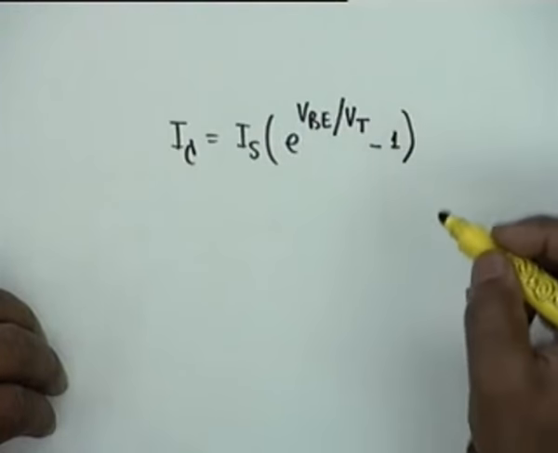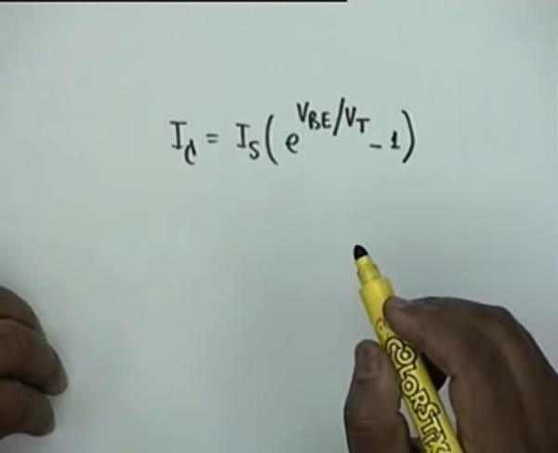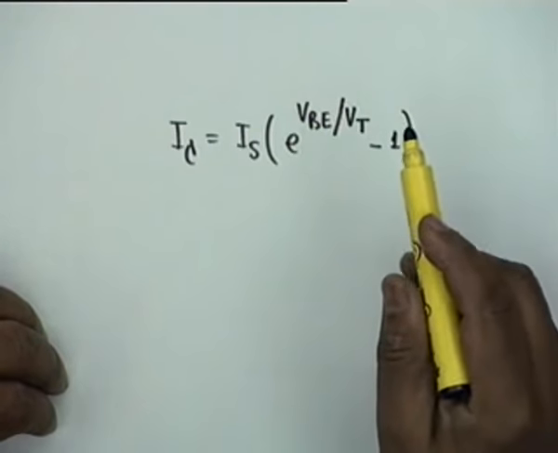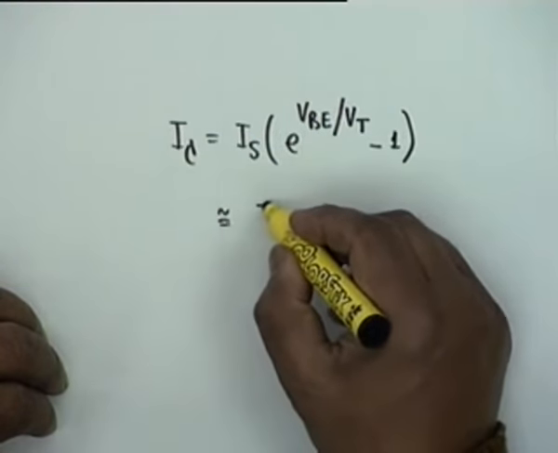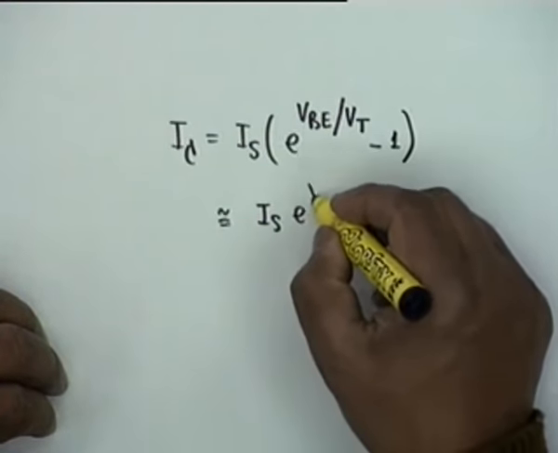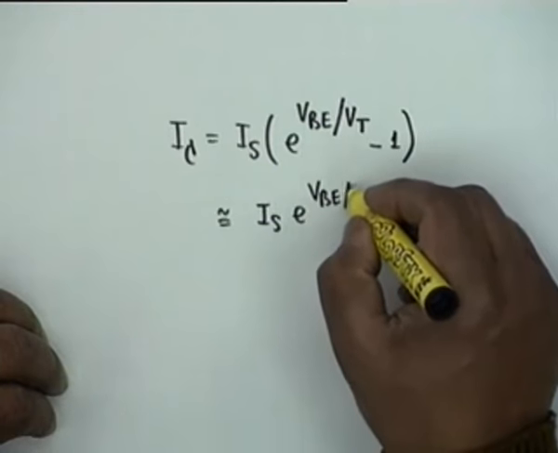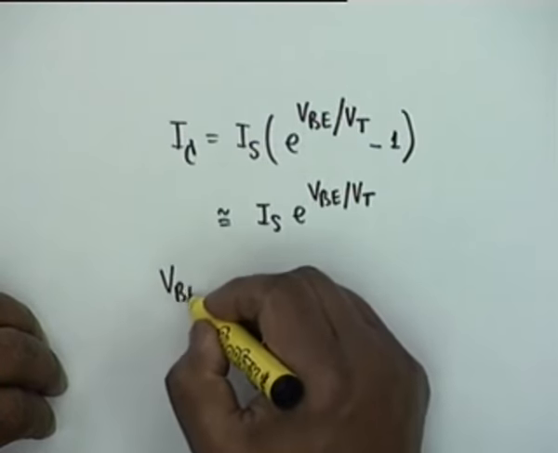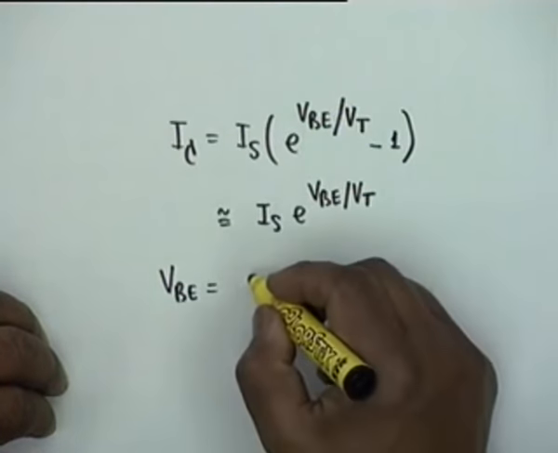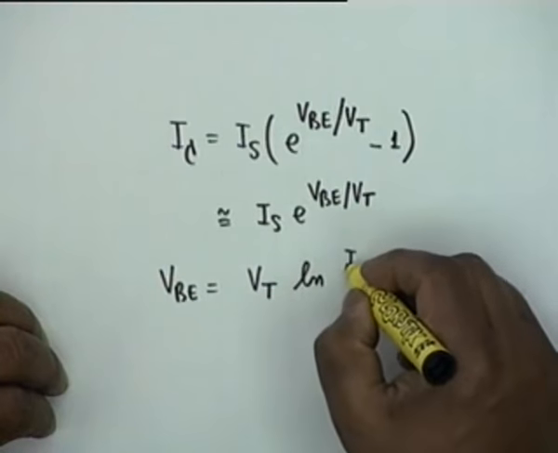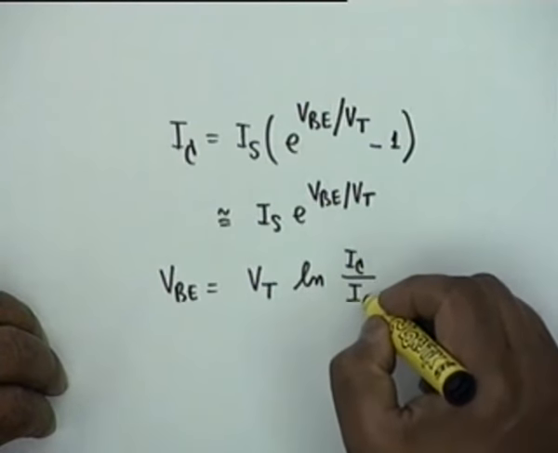When the transistor is in the active region, VBE is a positive quantity, and this becomes approximately IS. The exponential term dominates, so I get VBE divided by VT, which means that VBE is equal to Vt multiplied by log of I sub C divided by I sub S.